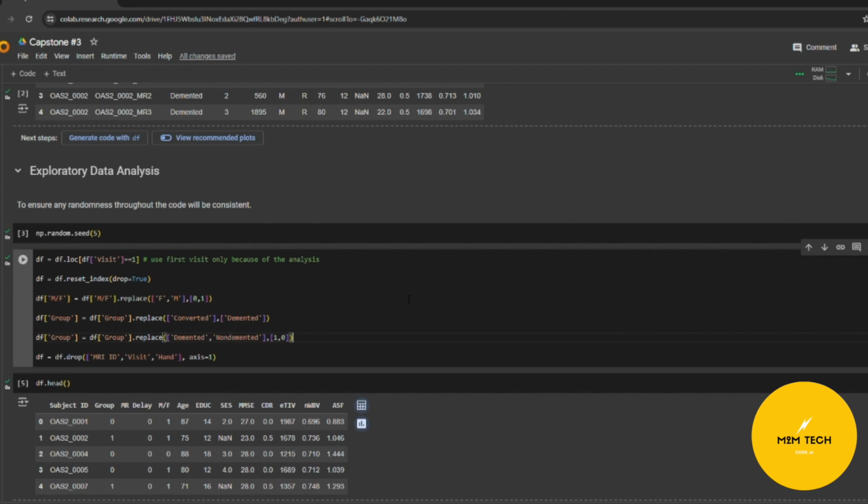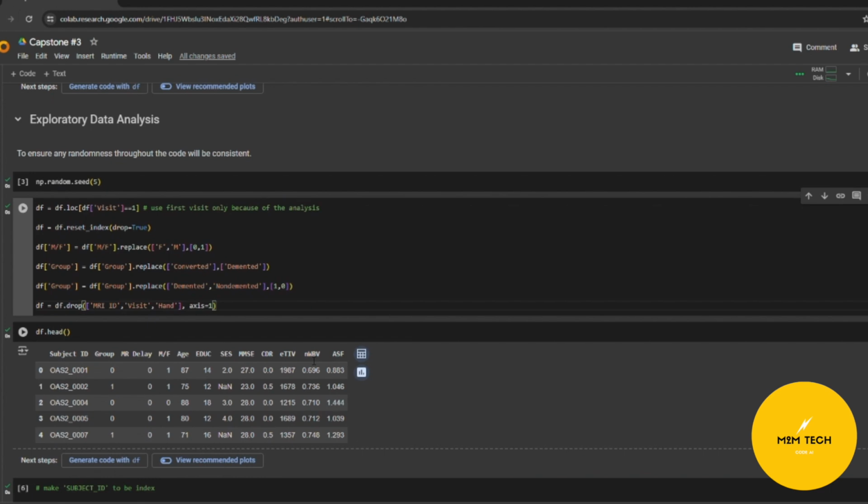I have also converted my group column, where I've given demented a value of 1 and non-demented a value of 0. After that, I've dropped all of the columns that I don't need for this analysis.